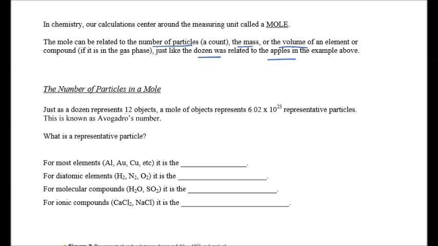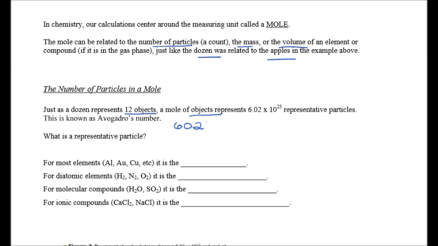Just as a dozen represents 12 objects, a mole represents a certain number of objects. So what if I said a mole was equal to 602? I think we could grasp that. So if I had a mole of books, I would have 602 books.